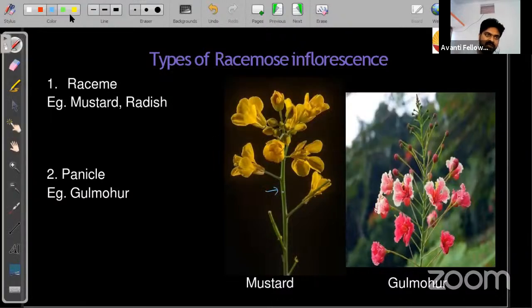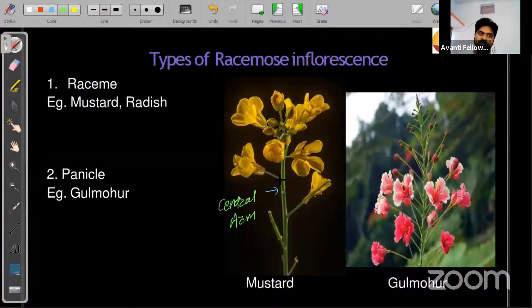This is the central arm, and that central arm is the common one. These small flowers are attached to the central arm.